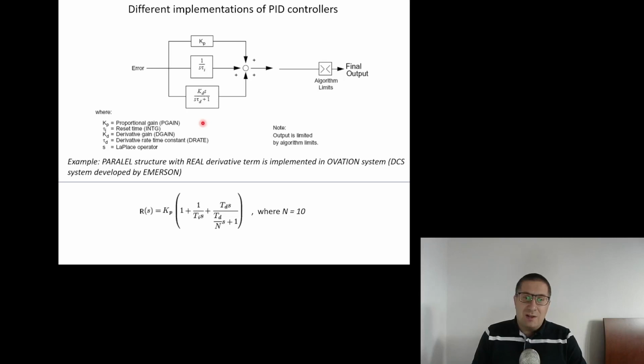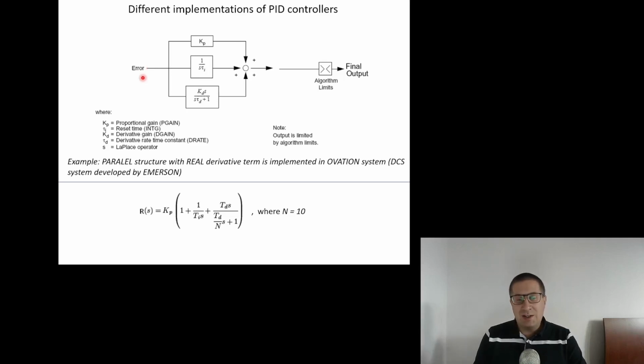So in this particular case, this gain that in standard form was here is moved here, right? So the error that enters the integral term is not multiplied by gain anymore. We have to remember about this.